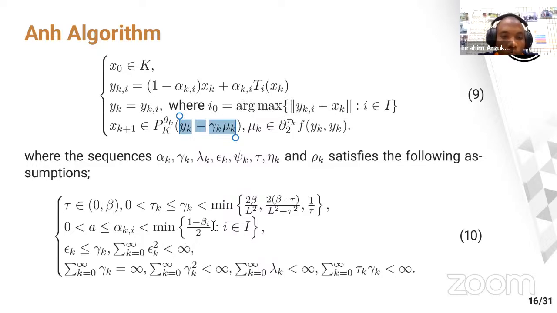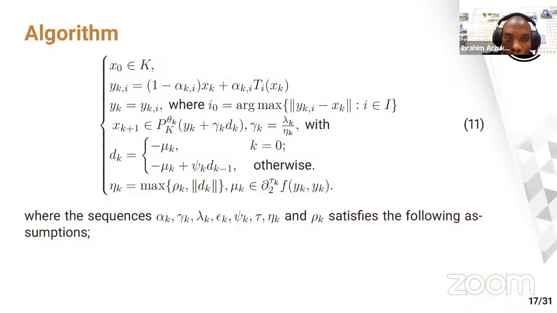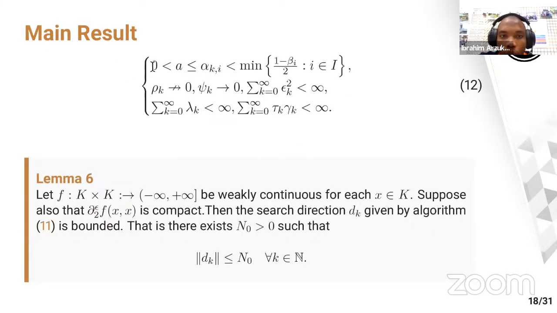We get rid of the Lipschitz constant in terms of the mappings T_i, and the algorithm is also self-adaptive. This is the algorithm, and these are the only conditions that we require. These conditions are not as many as in the previous one.